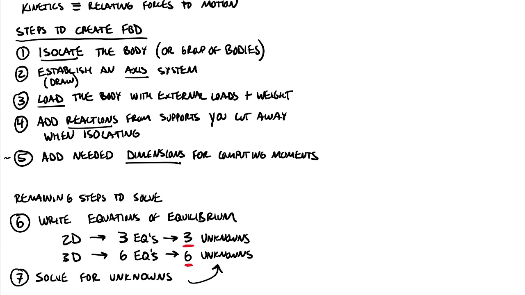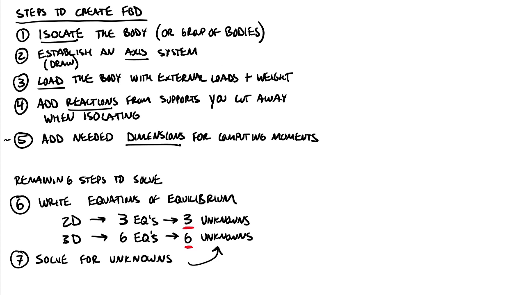It's very common for us to know what the loading is, to know what the geometry is, to know what body we're trying to look at. And it's really this step 4 here that a lot of the effort is required to figure out not only what kind of reactions are available from supports, but then also trying to solve for those unknown terms as you move forward.